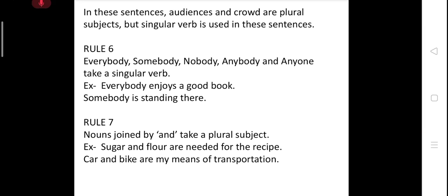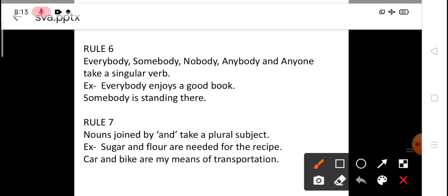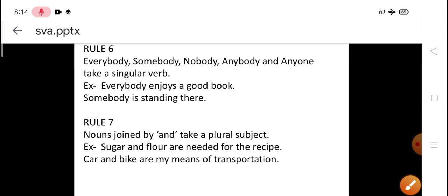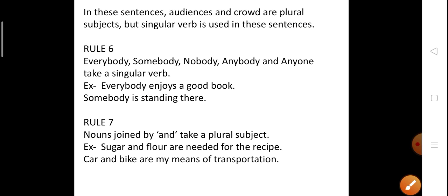So it is very clear that the verb enjoys is ending with s. That means the sentence is singular, and the verb is singular. So everybody enjoys a good book. With everybody we are using enjoys, a singular verb.